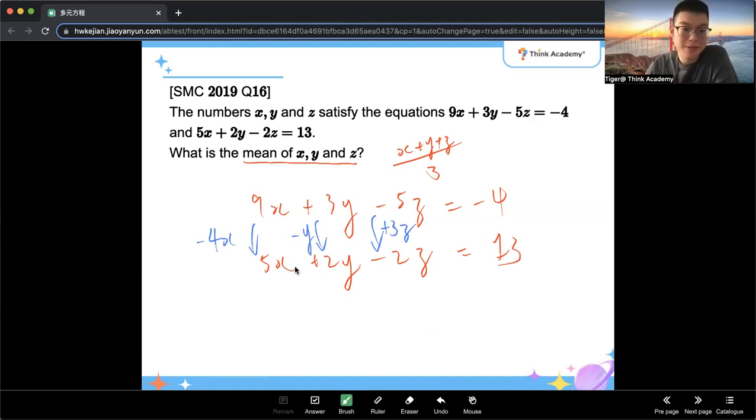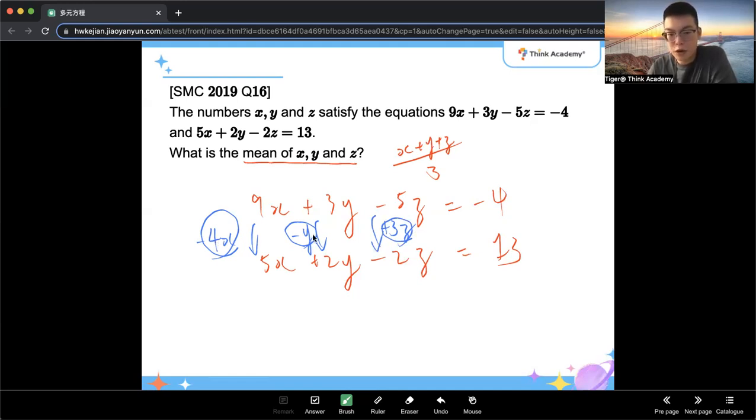Okay, fair enough. So you can see that these two have a difference of 4x, these two have a difference of y, and these two have a difference of 3z. So what does it mean? It means that they are all one away from the coefficients, right?